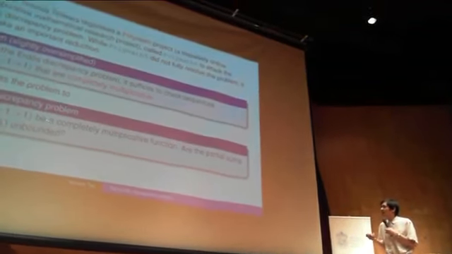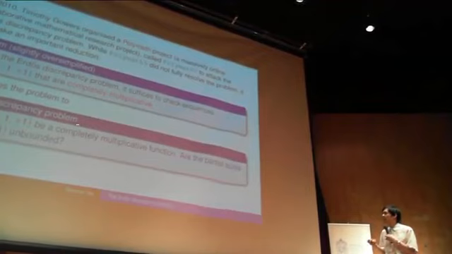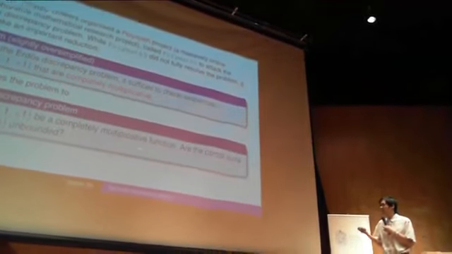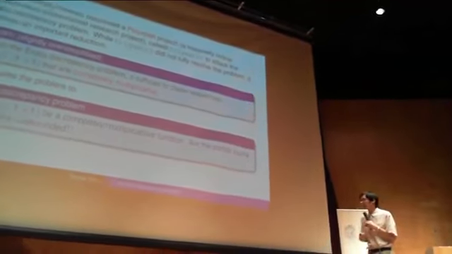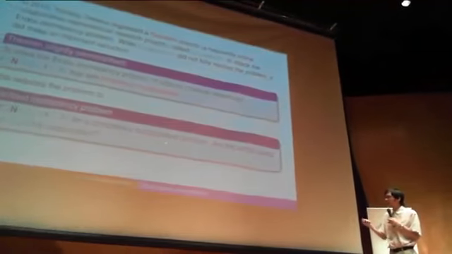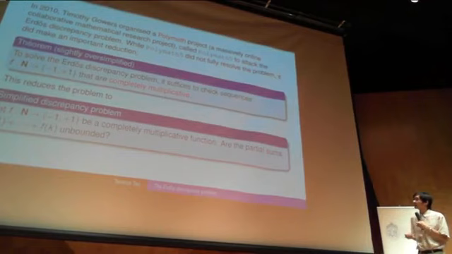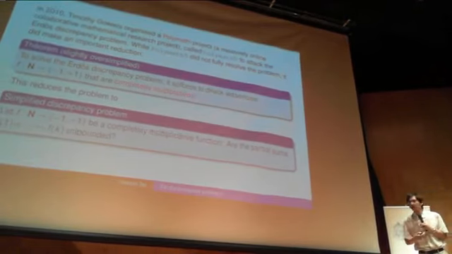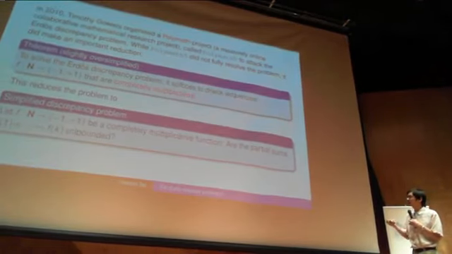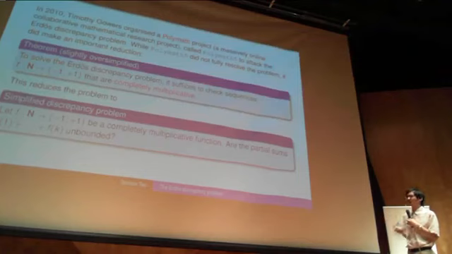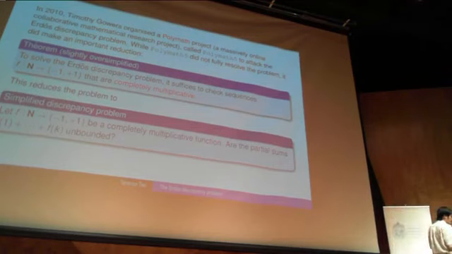And so now the simplified problem is: if you have a sequence which is completely multiplicative, such as the Liouville function, or maybe something like a Dirichlet character, are the partial sums of these functions unbounded? So this is a simpler problem, and if you can solve this, you can basically solve the full problem. I'm lying in a way which is kind of technical, but this is essentially what they did.